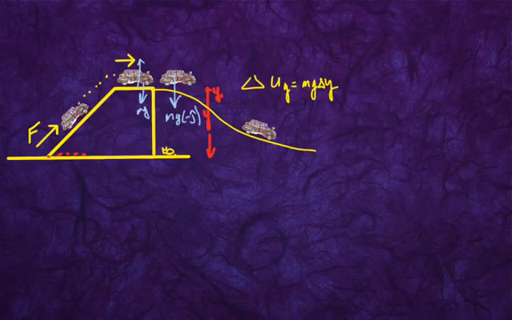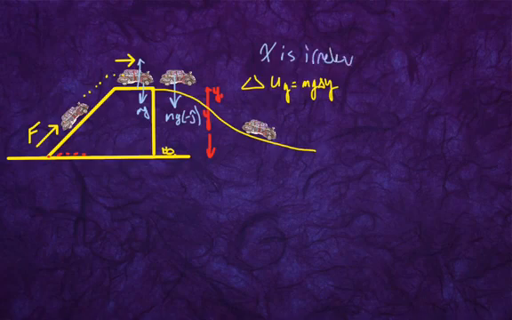And this is a pretty crucial point, that x is irrelevant when we're dealing with potential energy. It only has to do with gravitational potential energy, only has to do with the object's height above the ground.